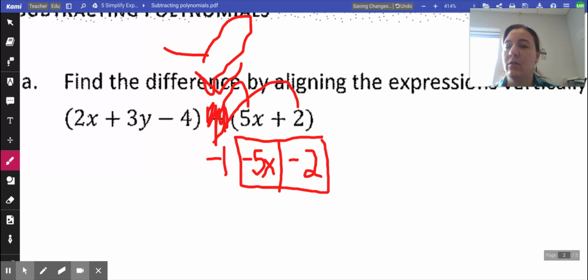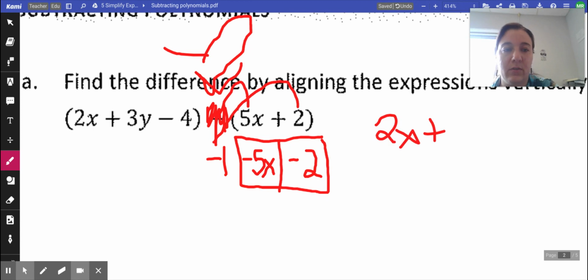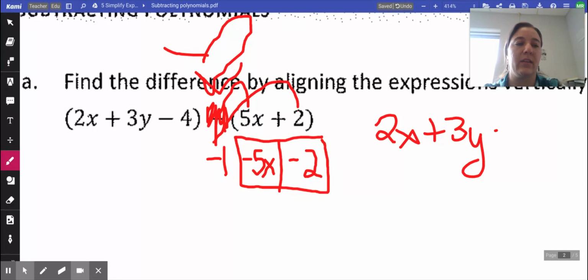So just to go over that one more time, I subtracted this group of 5x plus 2. And subtraction is adding the opposite. So I'm going to go over this one more time. I'm going to rewrite the first group that never got changed or multiplied by anything, and I'm going to add the negative 5x.